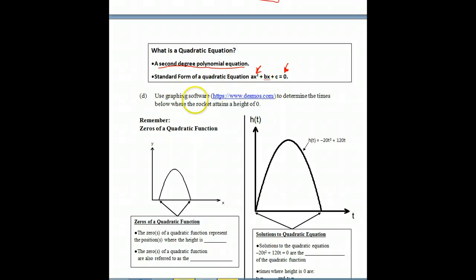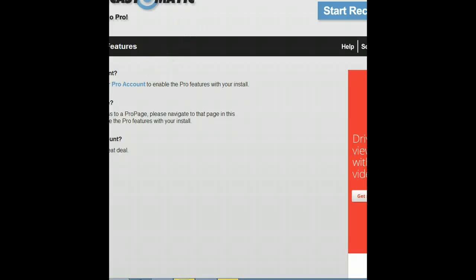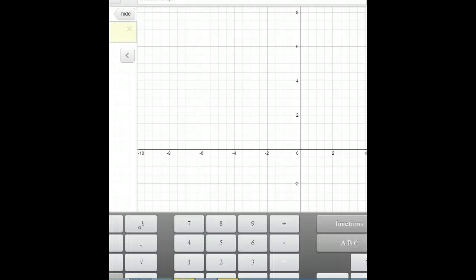Now use the graphing software on the Desmos website to determine the times when it reaches a height of 0. So negative 20t squared plus 120t. So we go to the site, and we type in the equation.